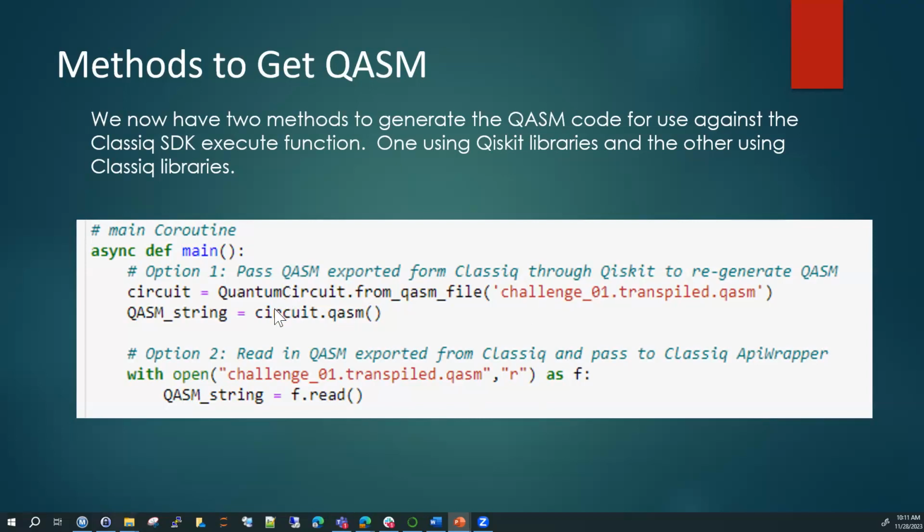We're able to run it through Qiskit to generate a QASM file, but we can also just read it directly into our Python code. This is directly from Classiq, so we can bypass Qiskit. But initially, since we weren't able to use the Classiq function until we figured out how to overcome some problem we had, we were using Qiskit to generate our QASM.